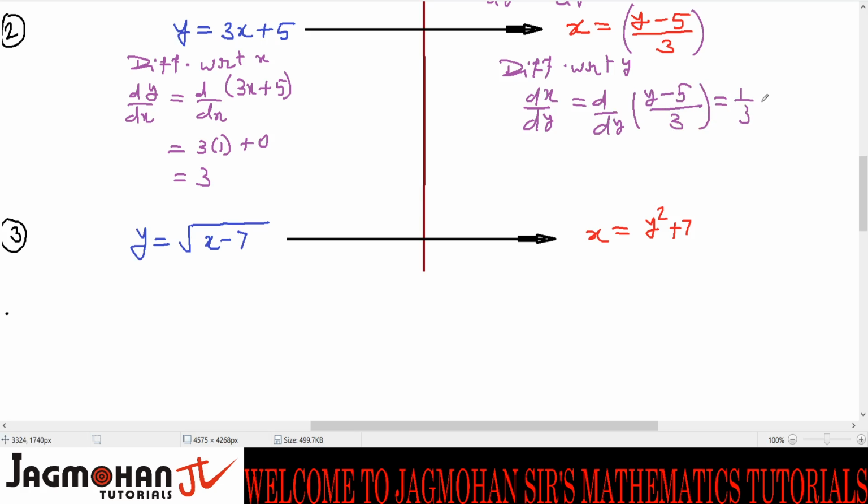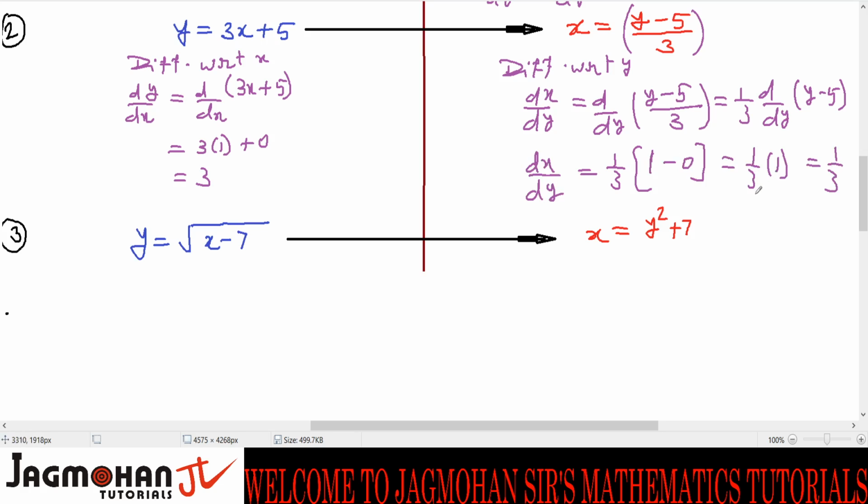So 1 upon 3 is out, and you get d by dy of y minus 5. So the next step you get equal to 1 upon 3, and then bracket d by dy of y is 1 minus d by dy of 5 is 0. So you get 1 upon 3 into 1, that is 1 upon 3. So you are getting dx by dy as 1 upon 3.